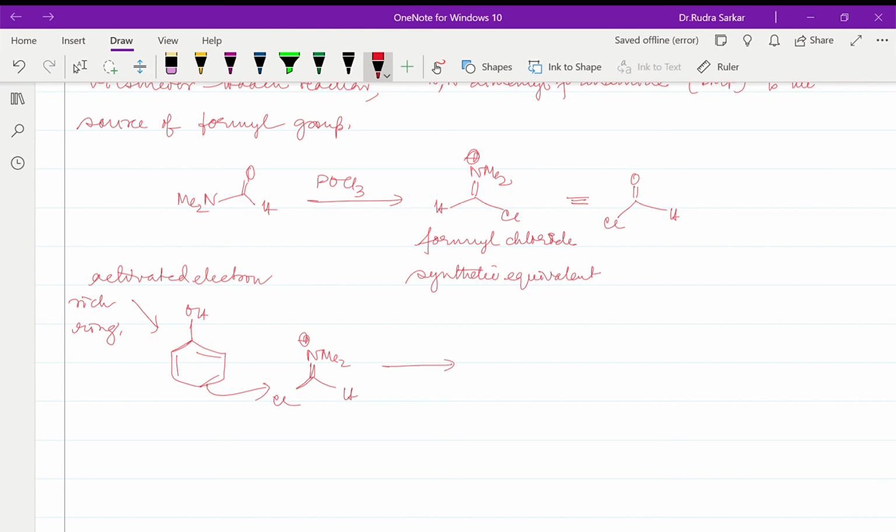So this will eventually lead to the formation of this product using aromatic electrophilic substitution reaction. And finally, hydrolysis of the imine will give us our desired product, that is para-hydroxybenzaldehyde.